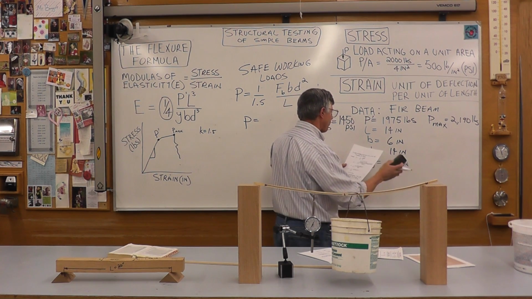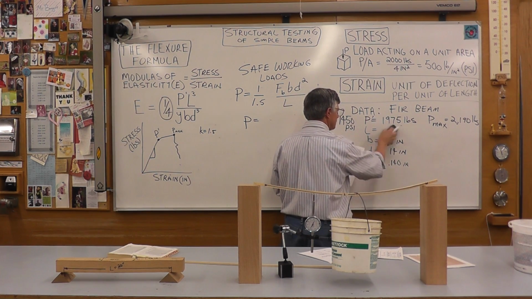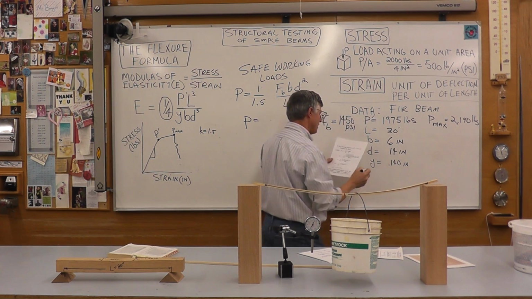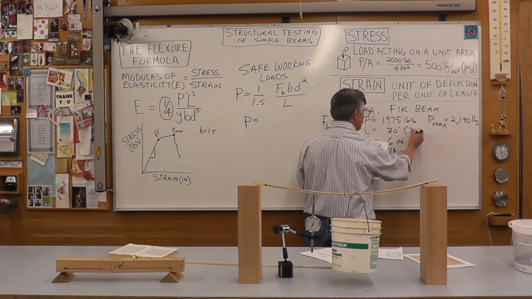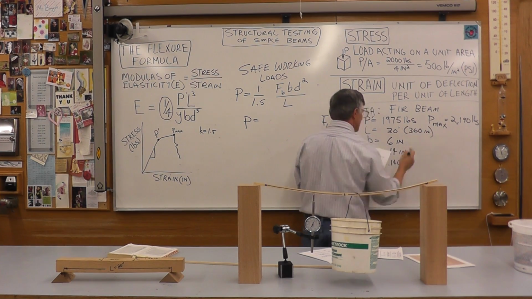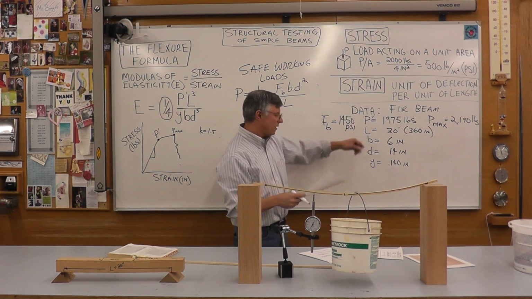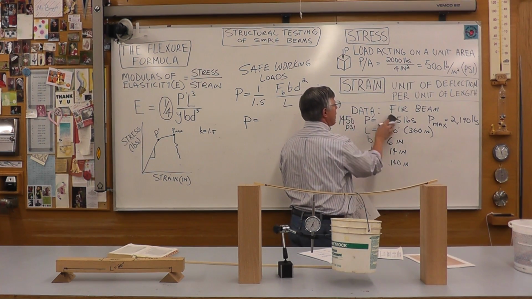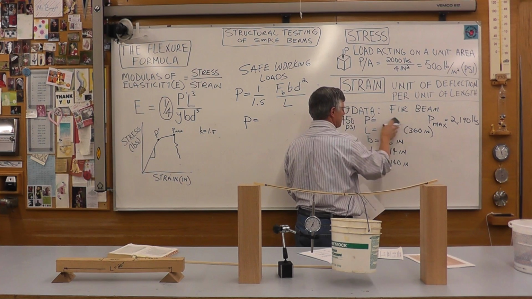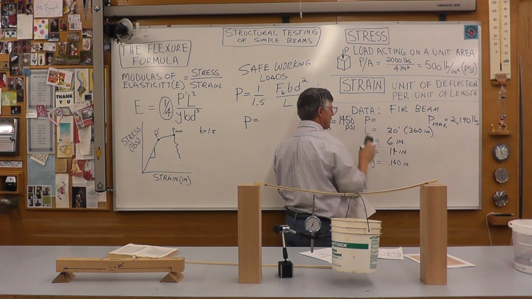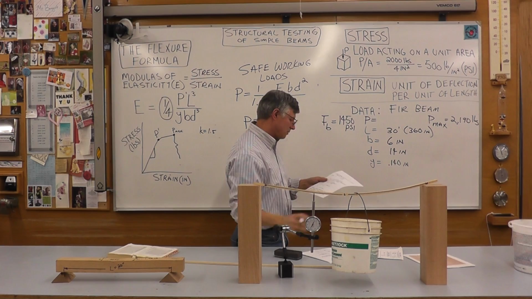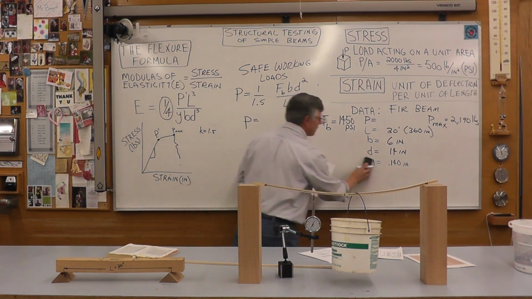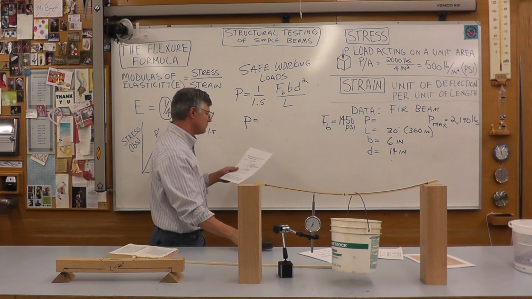It was 30 feet long, so you have to convert that to inches, 360 inches. We're trying to calculate what load it can carry. If you plug the data in here, we don't even need the deflection data for this one.